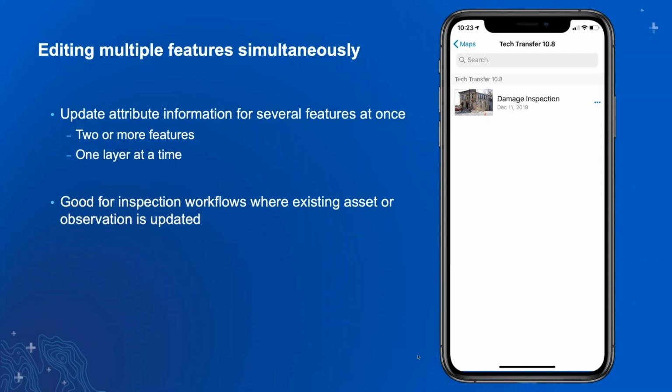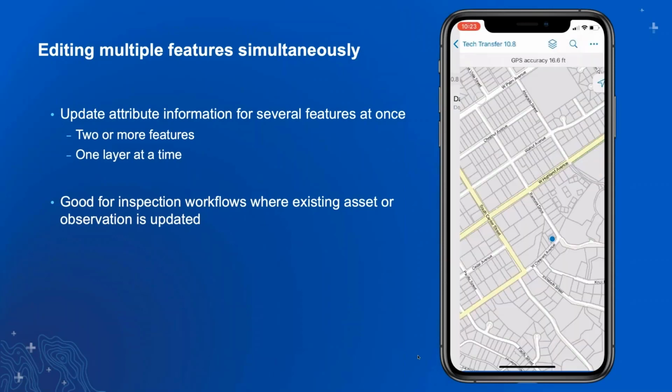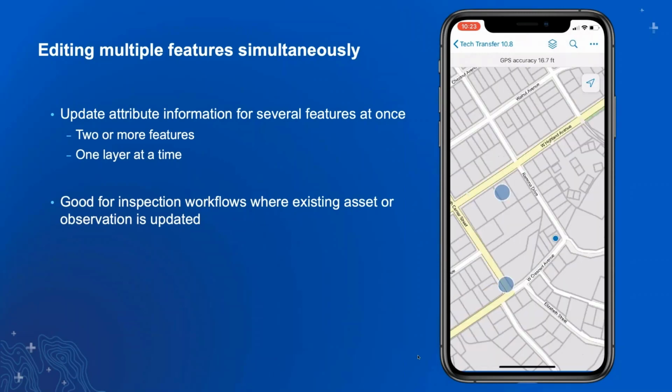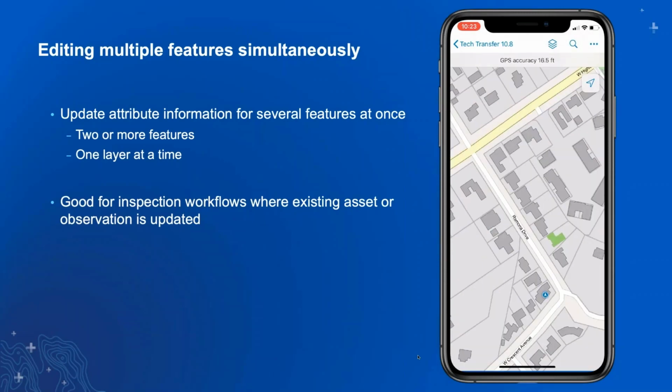In terms of other capabilities, sometimes you may need to update a series of features for their attributes. Rather than doing one at a time, we now support the ability to go in and define a series of features that you want to update. In this case, we're doing some buildings.